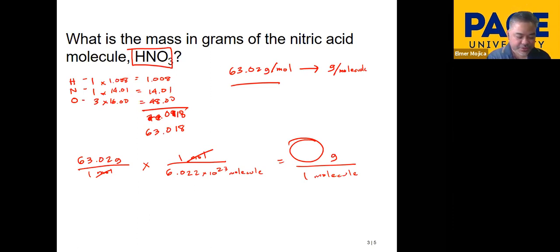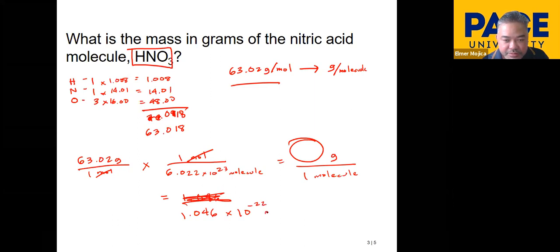So 63.02 divided by 6.02 times 10 to the 23. You will get around 1.046 times 10 to the negative 22 grams per molecule.